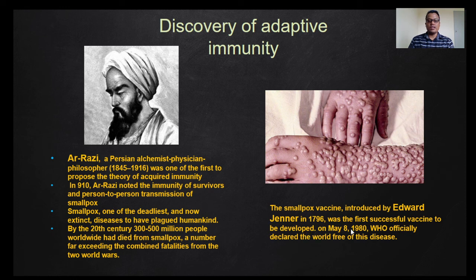On May 8, 1980, WHO officially declared the world free of this disease. As for our situation with COVID-19, we are still waiting for the discovery of a vaccine for COVID-19.